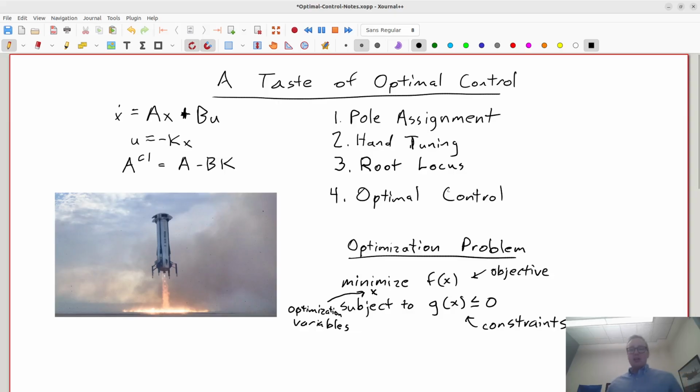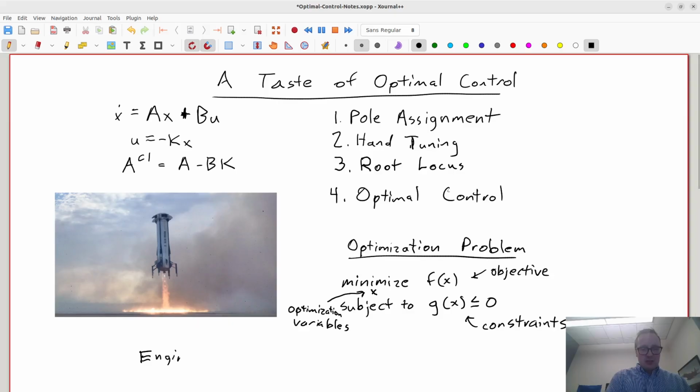Now, you can think of an optimization problem as a way to interact with a computer. Sometimes we write code to get a computer to follow the procedures that we want. Another way that we can use a computer is by specifying an optimization problem, specifying this objective, and then letting the computer solve it, because computers are very good at, in a smart way, trying a bunch of different values of x to see which one is best according to the objective function.